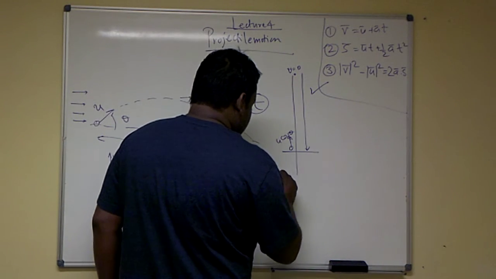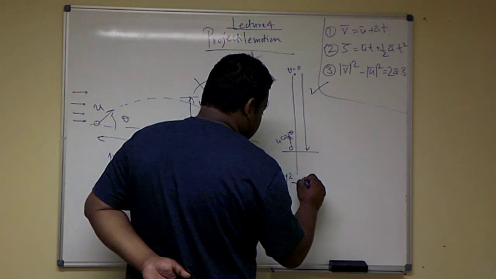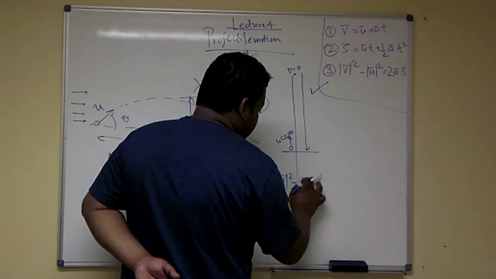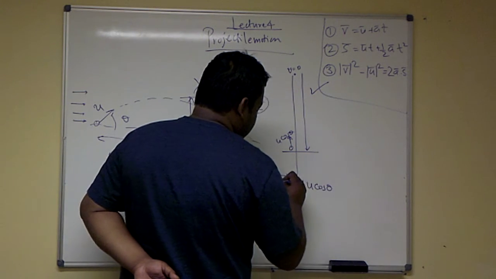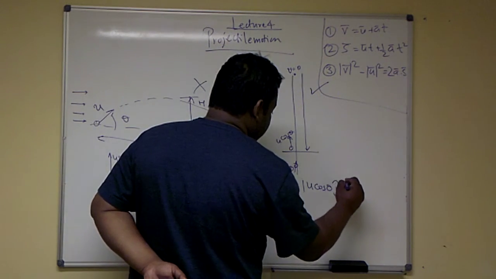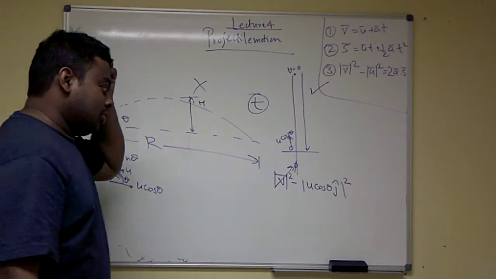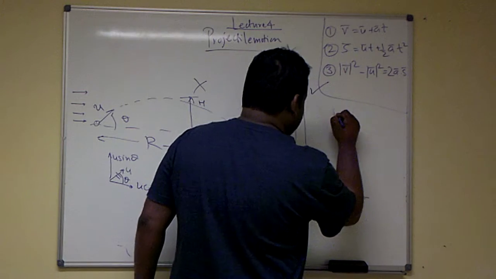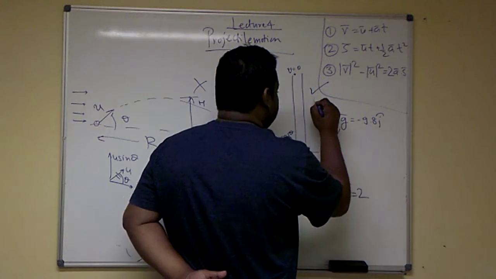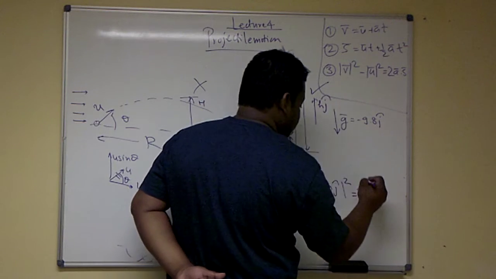You can do it in terms of the third equation of motion. V mod square is, initial velocity is u cos theta j cap. This is zero, so it doesn't have a direction. This one has a direction, but I'm going to take its magnitude anyways. And then my acceleration due to gravity g vector is minus 9.8 j cap, but my height is going to be traversed in the upward direction, so that is plus h j cap.